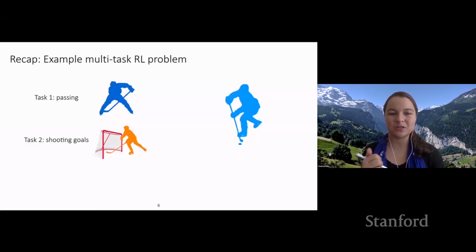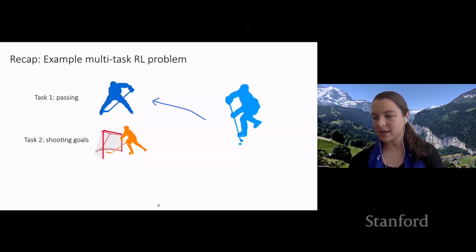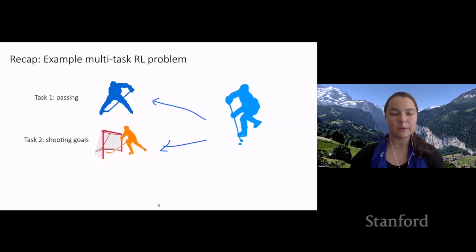a standard approach would just keep the data completely separate for those different goals and basically practice this task of passing a lot, practice this task of shooting a lot, and so forth, and keep the data completely separate. However, when you attempt one task, you often end up reaching a different goal by accident.